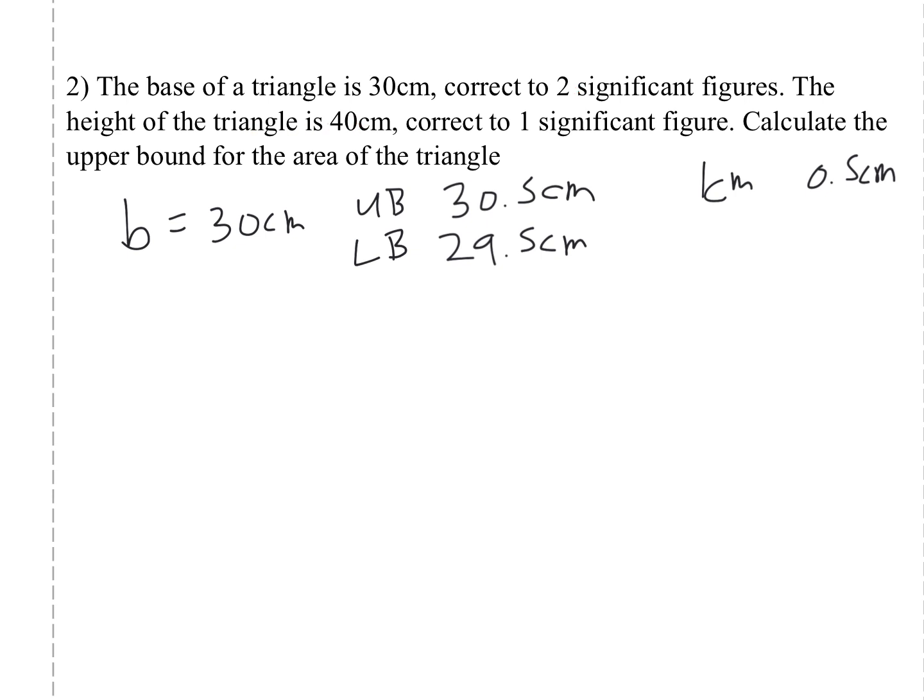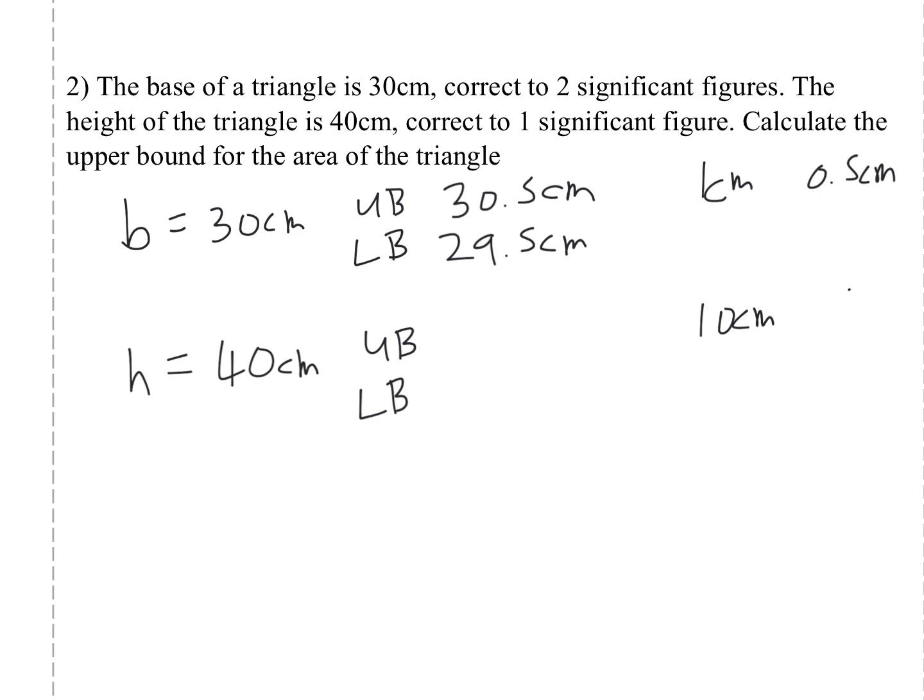Okay, the next one is the height of the triangle. So the height is 40 centimetres. That's only correct to 1 significant figure. The first significant figure is the 4, which is in the tens column. So the 40 has been rounded to the nearest 10 centimetres.